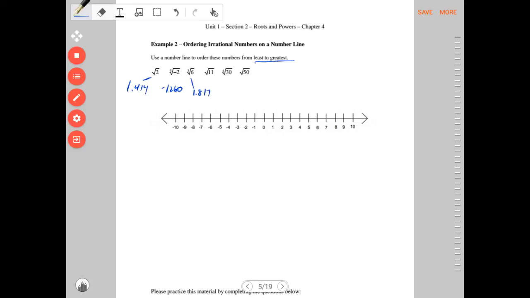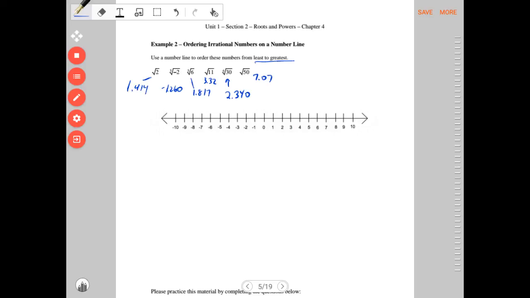Cube root of 11 is 3.32. Sorry guys, I know this is fast. I've already typed these into my calculator. Now, if you want, you can press pause and type them into your calculator on your own. Okay, fourth root of 30 is 2.340, and the square root of 50 is 7.07.